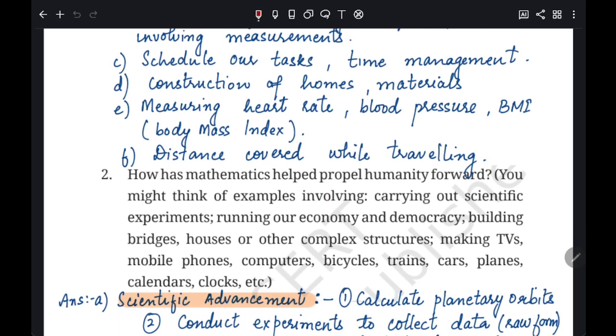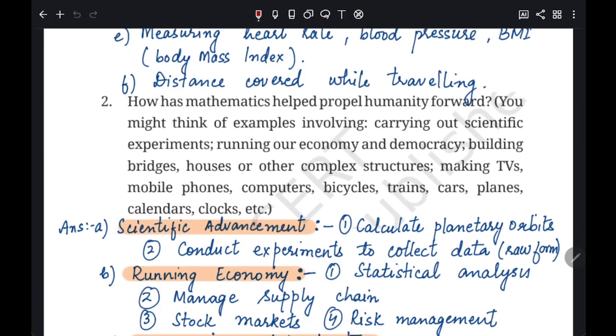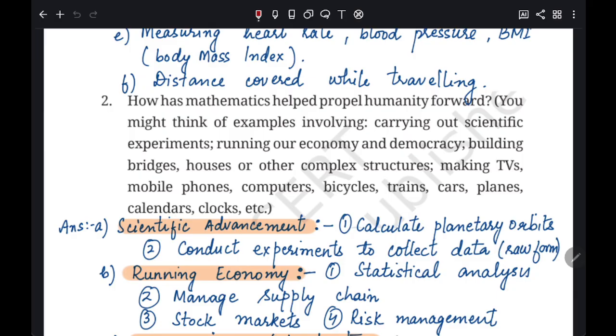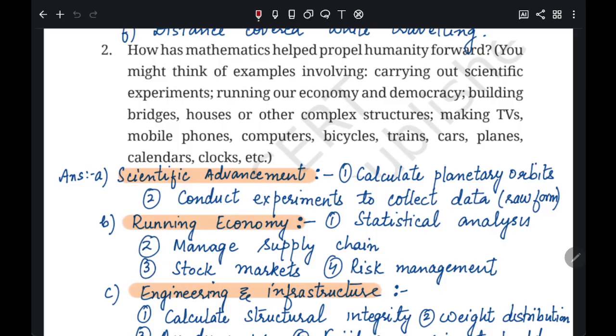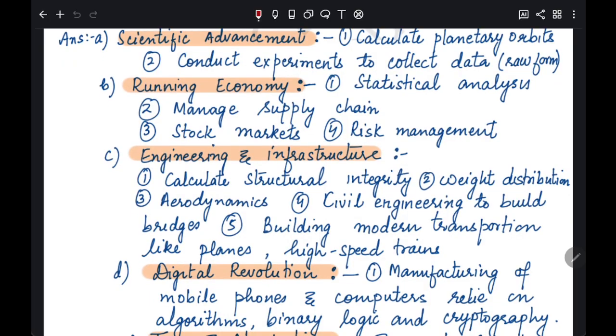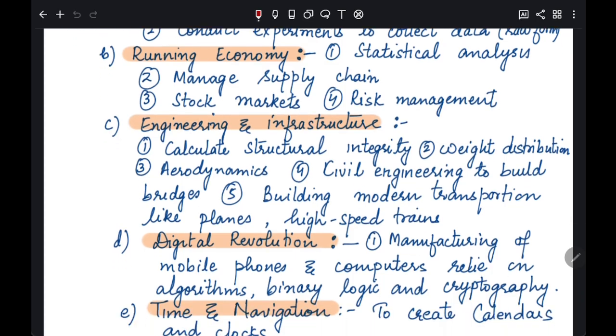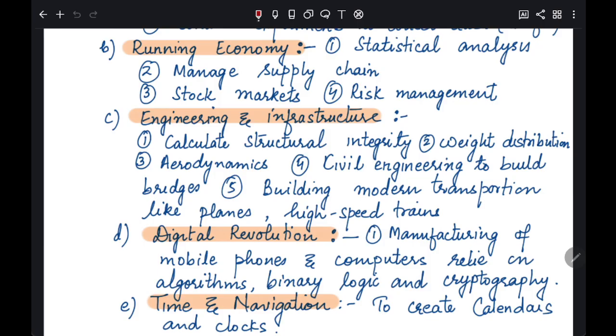Second is, how has mathematics helped propel humanity forward? So we have to give examples involving scientific experiments, calculate planetary orbits, conduct experiments to collect data in raw form, running the economy, statistical analysis. It also helps humanity manage supply chain, what is the requirement, what is the supply from markets, stock markets, risk management, all these done for humanity's advancement.